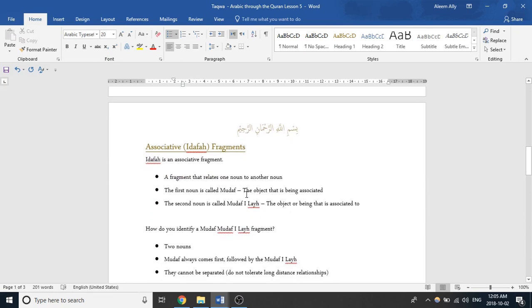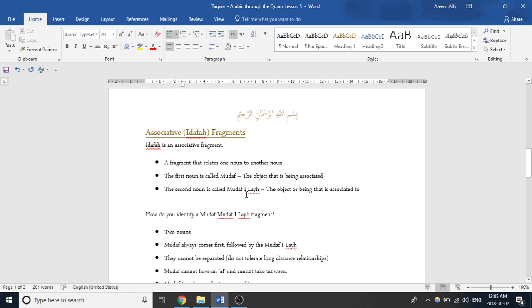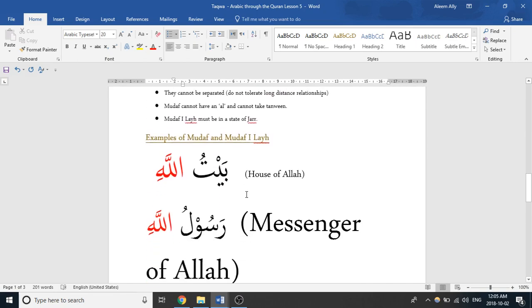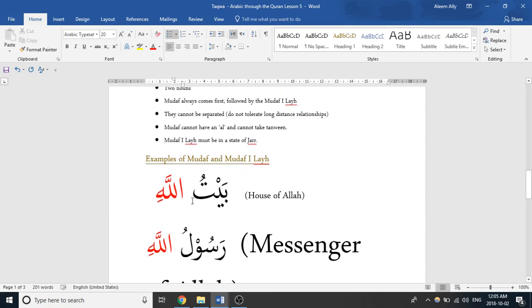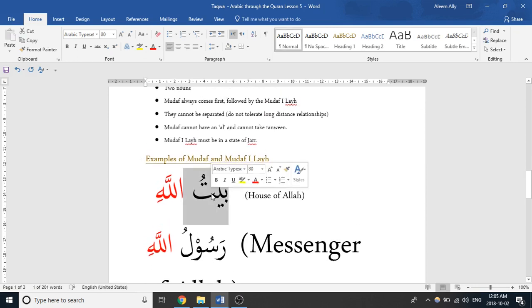And essentially what this means is that you have two nouns side by side, and there's now an association between the two. All this means is that this word here is now being related to this word here. There's some type of association between them, and it's usually known as an association of ownership.